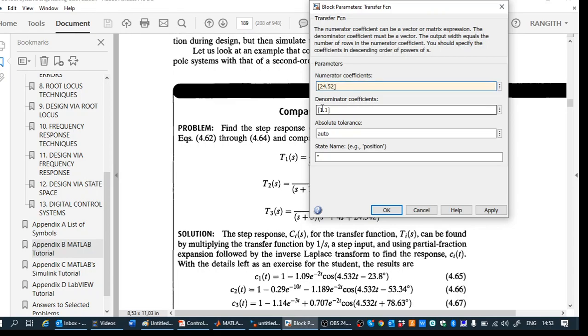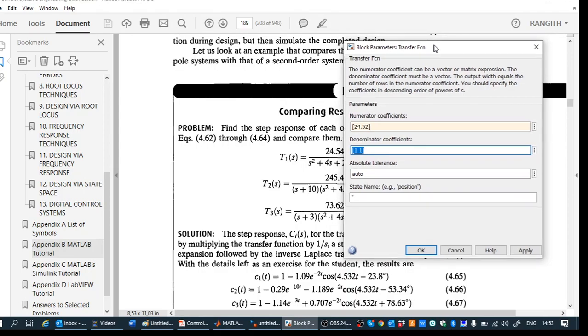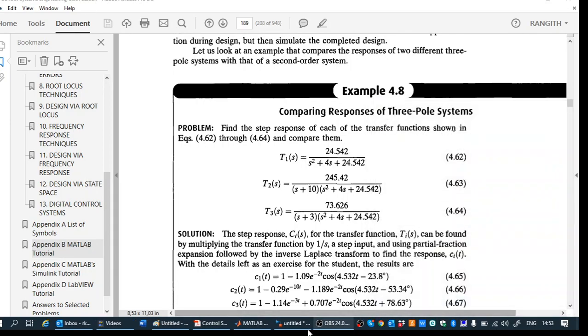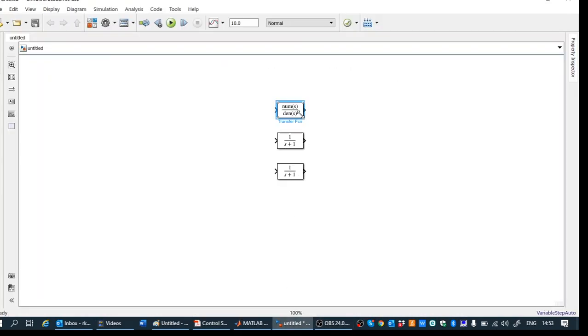Then at the denominator we have 1, 4 and 24.52, right? We apply and click OK, and if you drag this open a bit, you'll see that you have the first transfer function there.